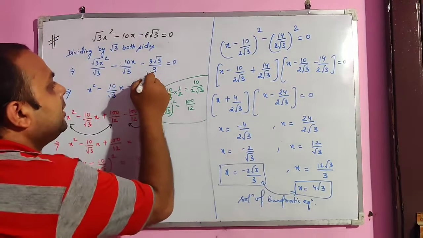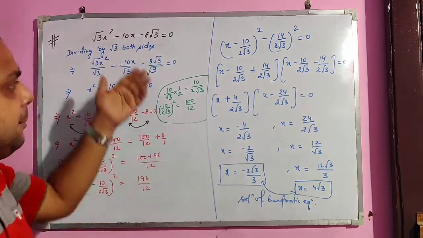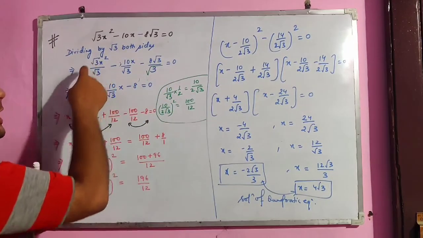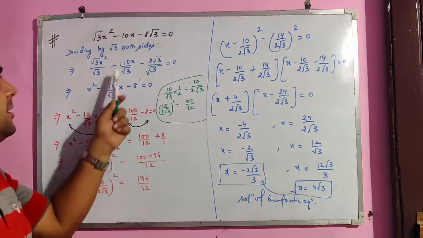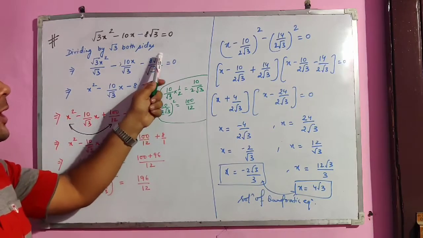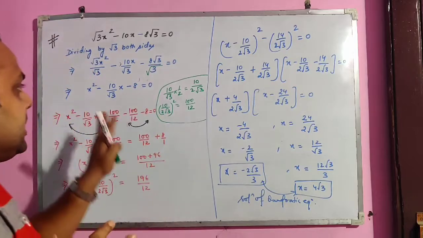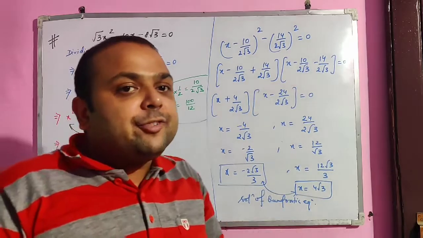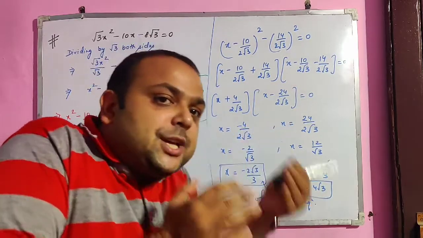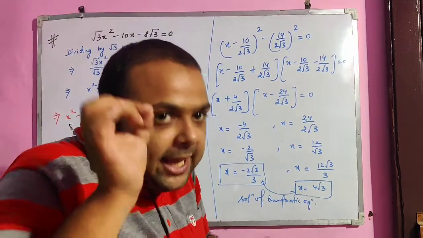Now simplifying it, root 3 and root 3 cancel out, we get x square minus 10 by root 3 x, and again root 3 and root 3 cancel out, we get minus 8 equal to 0. So this is the quadratic equation we get after simplifying the initial equation by dividing with a.